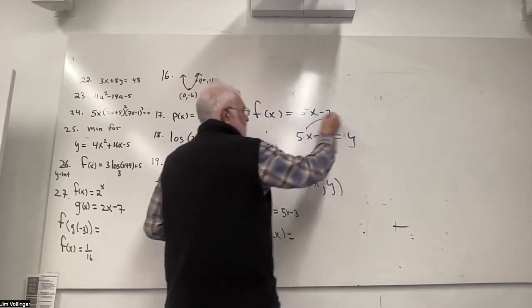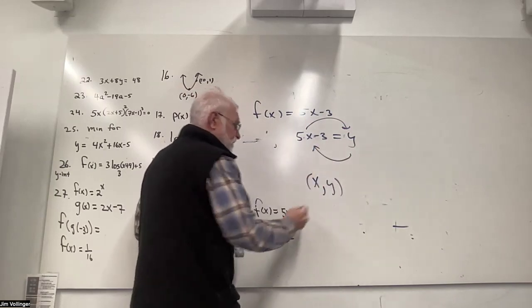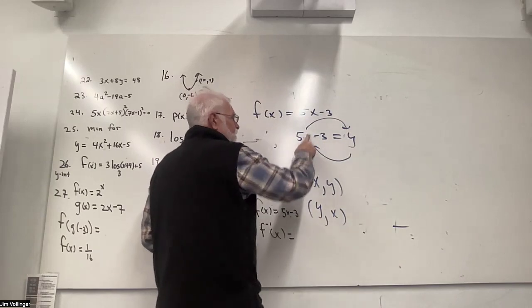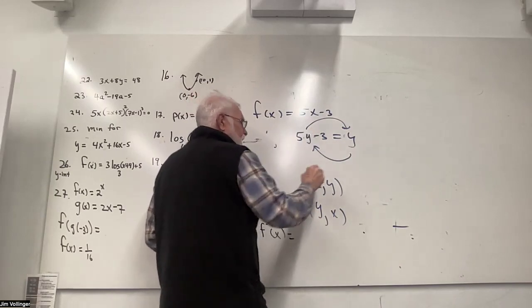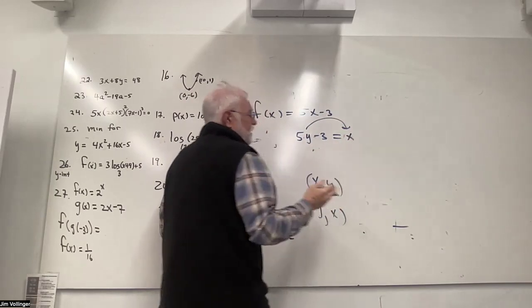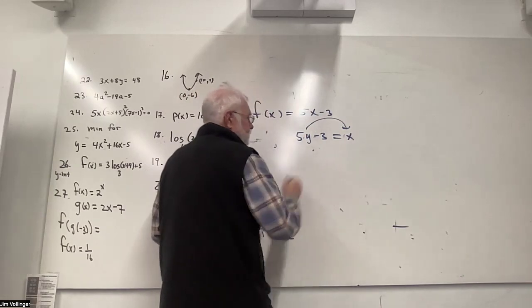If we're doing x to y, then the inverse is y to x, which means that I'm switching my input to the letter y, and I've got my output now as x. That's the inverse. Now, to make this a function, we have to solve for y.